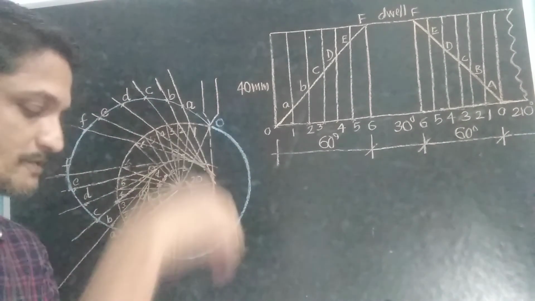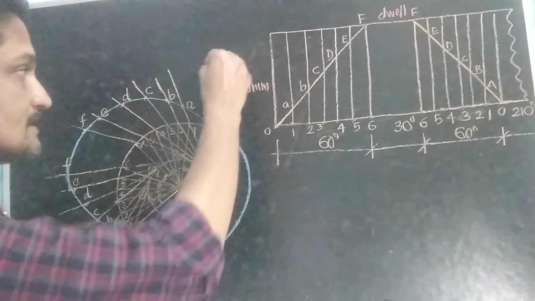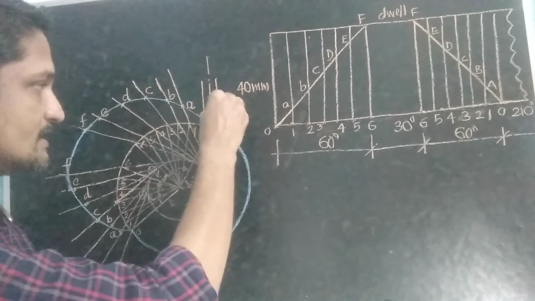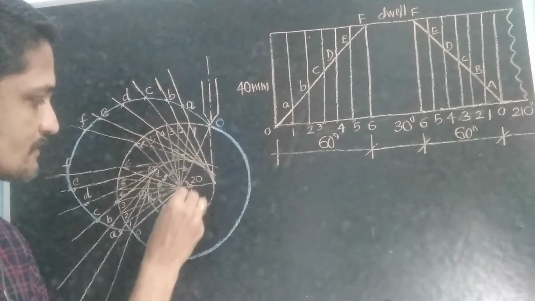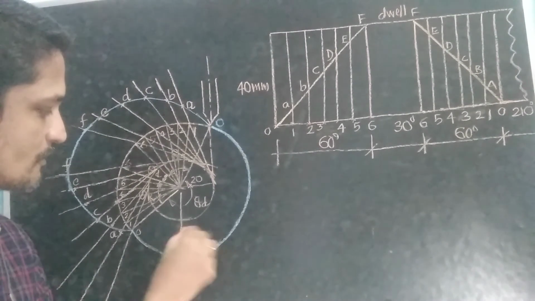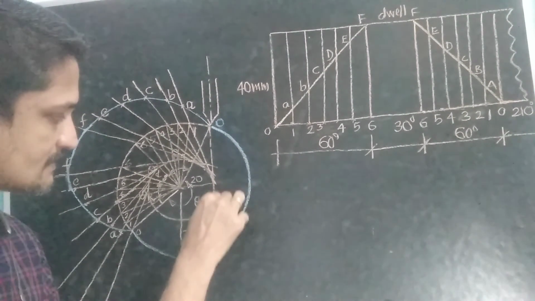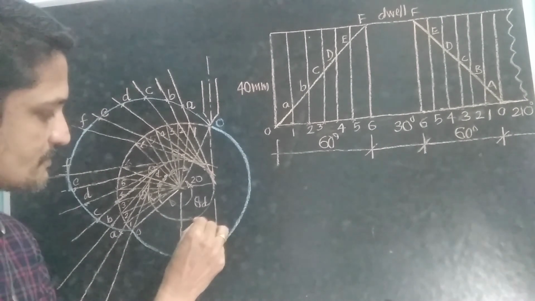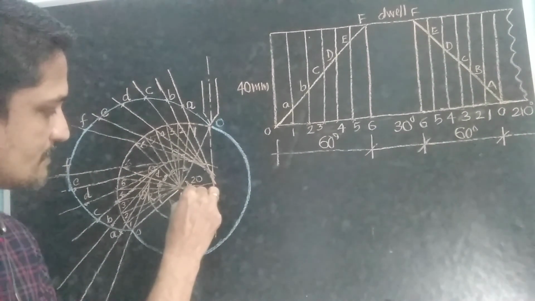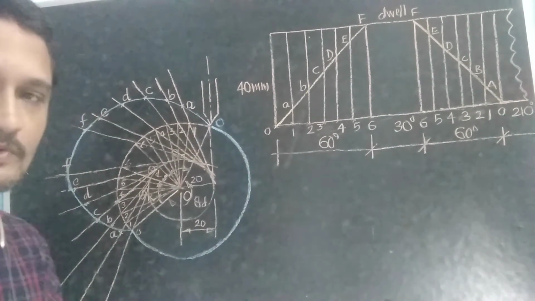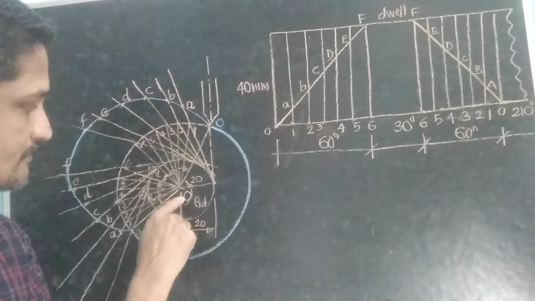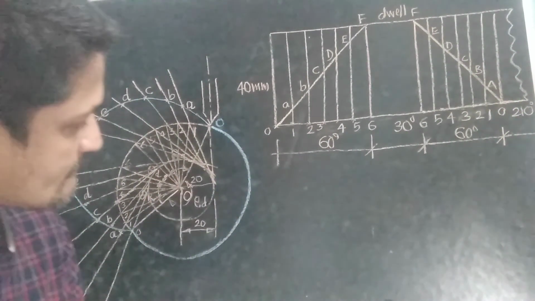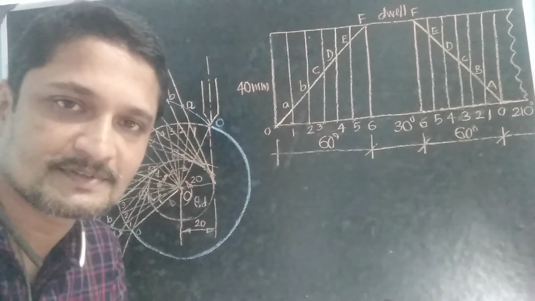The axis of the knife edge follower is offset by a distance of 20 mm from this cam shaft, and this point will become O, the center of the cam. Okay, thank you all.